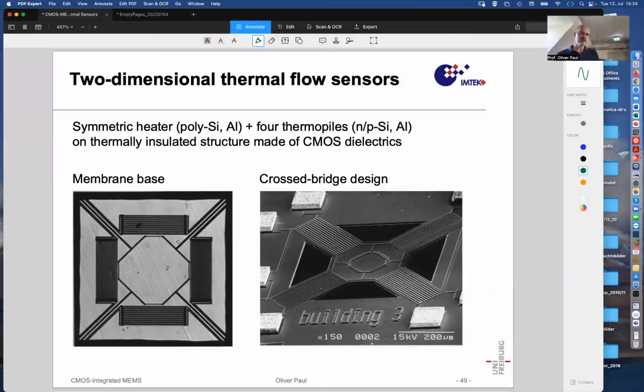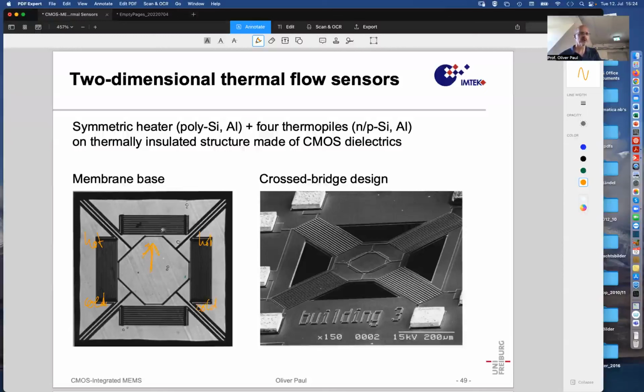Heat will be carried more in this direction. So it will be hotter here and less hot here. I'm writing cold for less hot. Hot and cold. So you can read very directly the amount of heat transported in this direction.